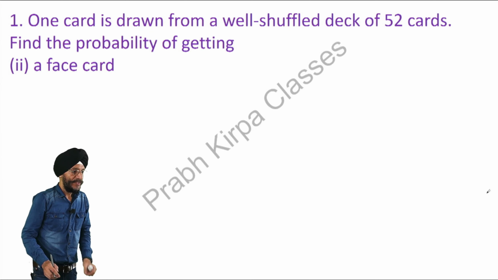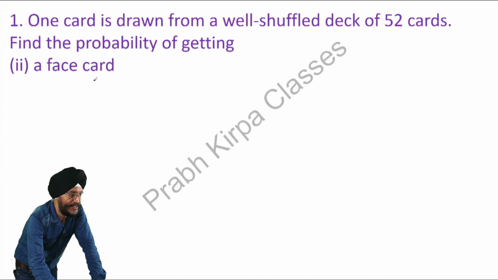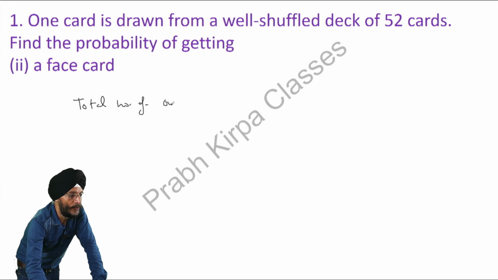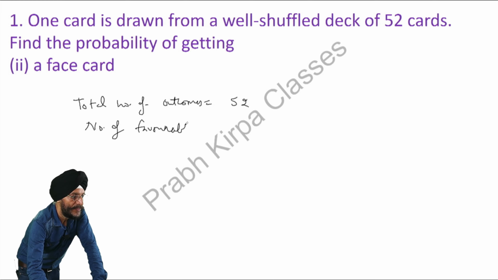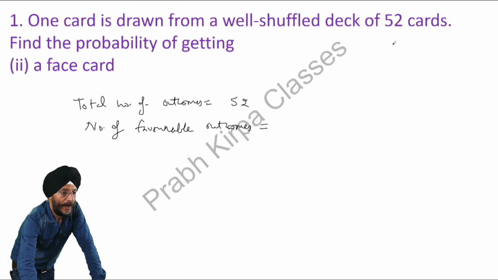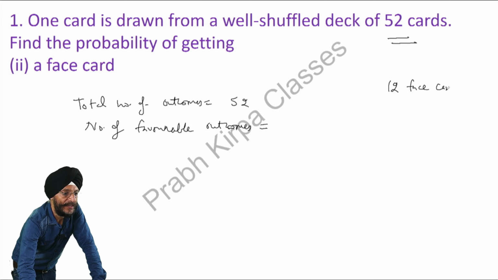Now the next is to find the probability of getting a face card. We already have learned that the total number of outcomes, or the total number of cards, is 52. Now here the number of favorable outcomes: we have learned that out of these 52 cards, there are 12 cards which are face cards.